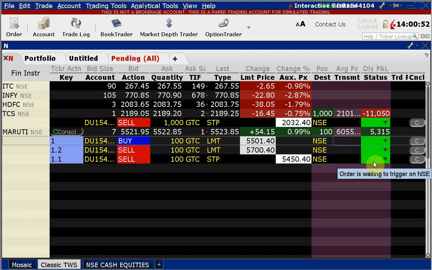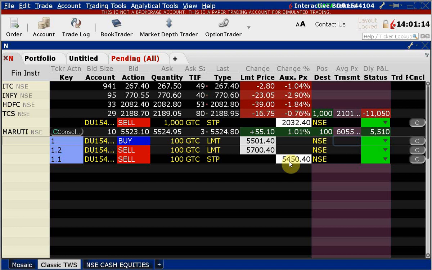The system logic for a smart stop order is this: because it's a sell stop order, I'll discuss it from the selling point of view. As soon as the market hits this 54.50 trigger, the system is going to watch that trigger being hit, and then the system will immediately react by transmitting a market sell order.